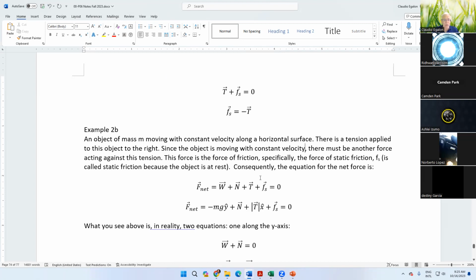This force is the force of friction, specifically the force of kinetic friction. Kinetic, because the object is moving. Consequently, the net force is equal to 0 because the object is moving with constant velocity.